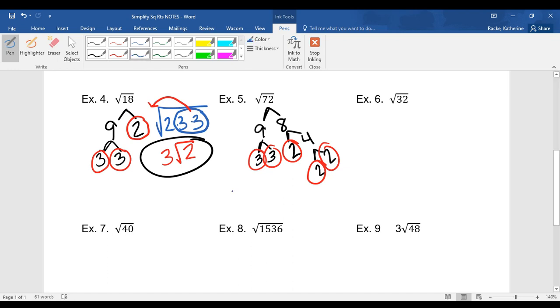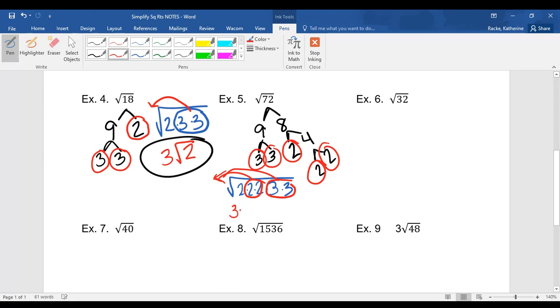So I'm going to write these all under a square root. There, I have 3 2s and I have 2 3s. Now I'm looking for groups of 2. So I have a pair of 3s and I also have a pair of 2s. Okay, now I need to pull one of each of these out.